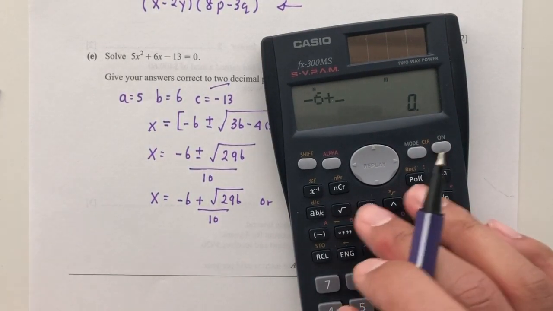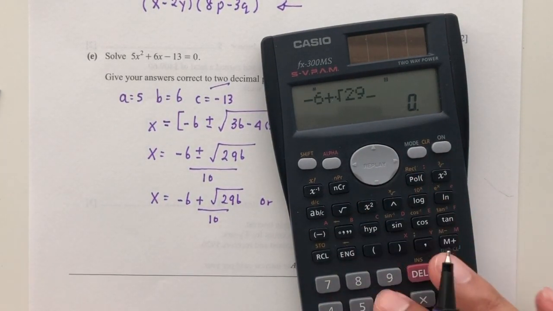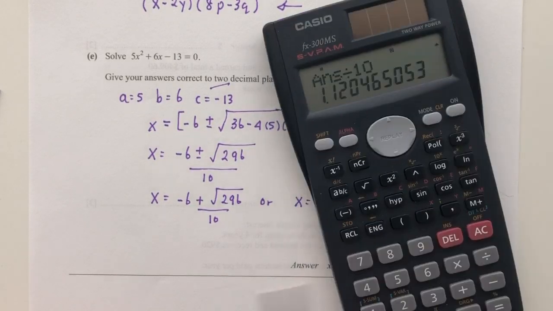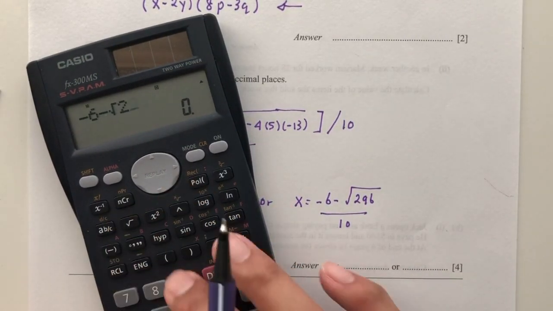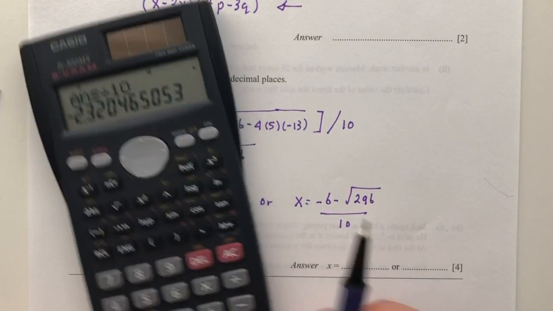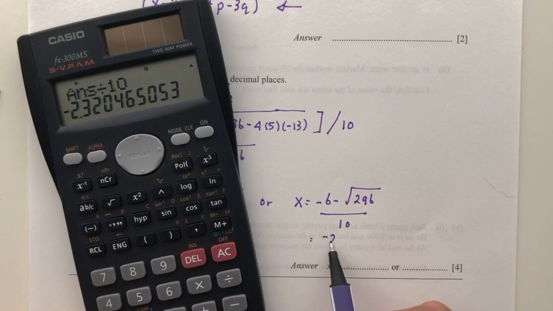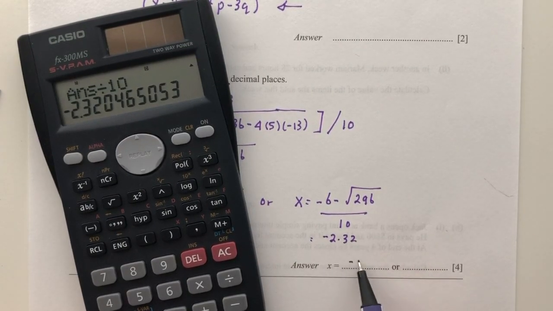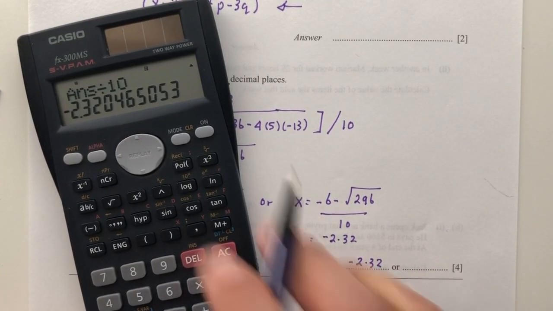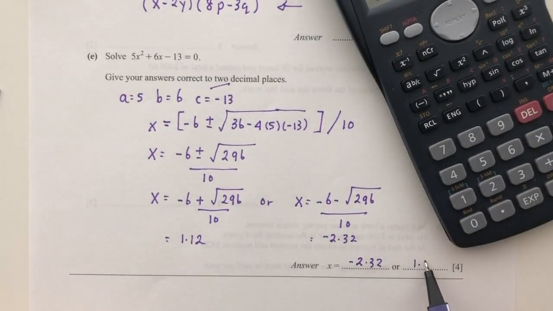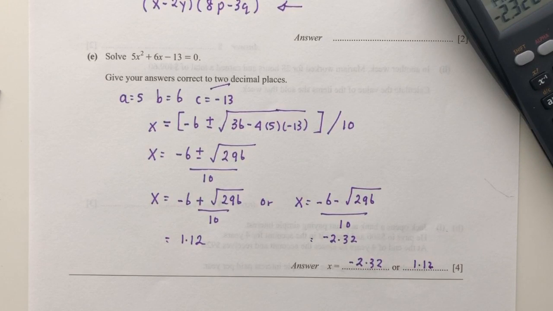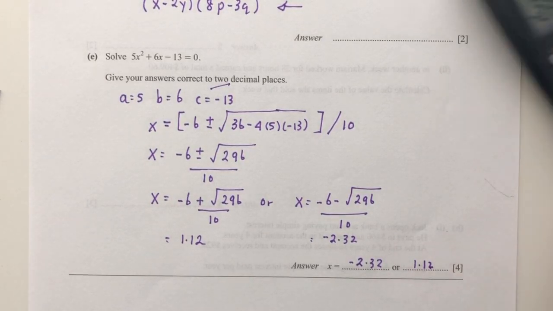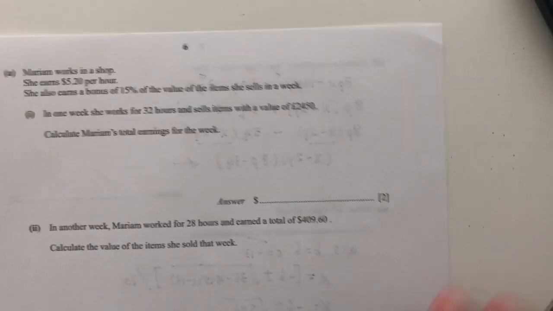So minus 6 plus square root of 296 divided by 10, that will be 1.12, or it can be minus 6 minus square root of 296, that will be minus 2.32. So your answers will be these two values, 1.12 here. Okay, so this is question number 2, I think. Yeah, number 2. Okay, let's move on to question number 3.